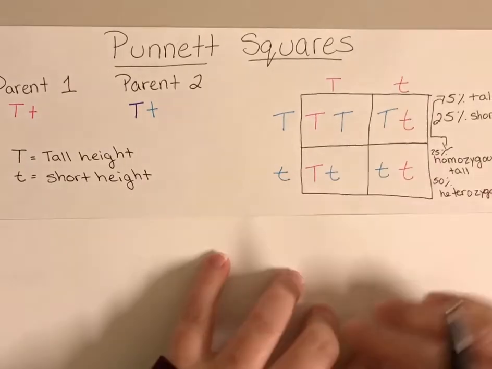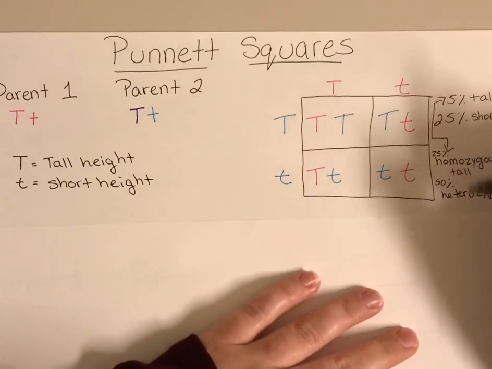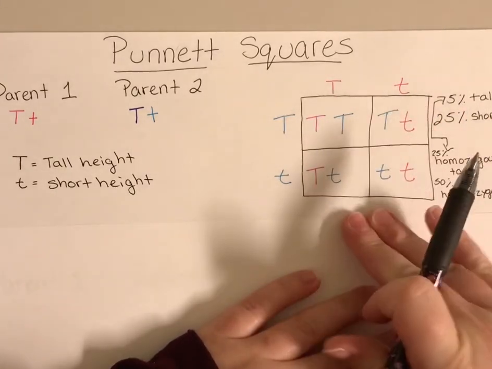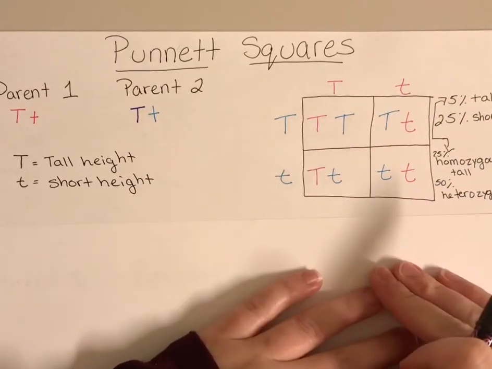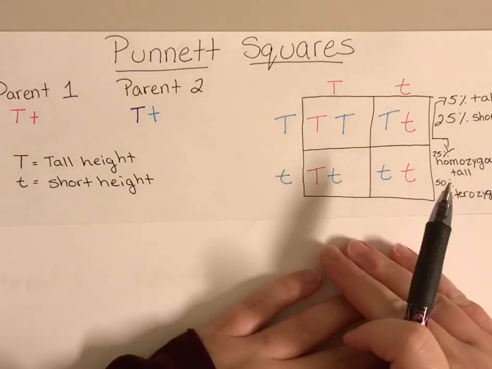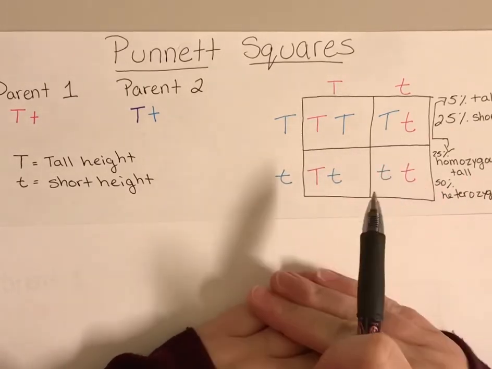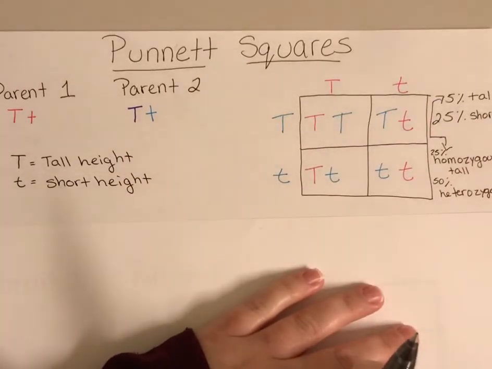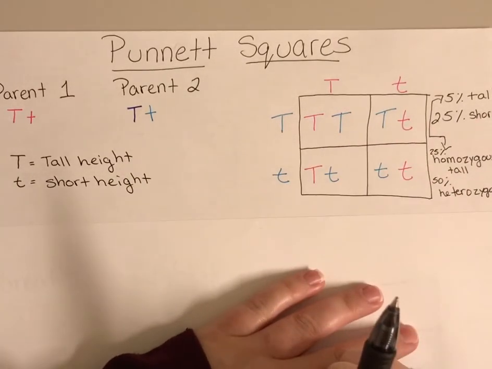Okay? So this breakdown of the tall would matter when we were looking at what kind of offspring these offspring would produce. All right? But for this scenario, if we're just looking at this first generation of offspring from these two parents, we're going to have 75% be tall and 25% be short.